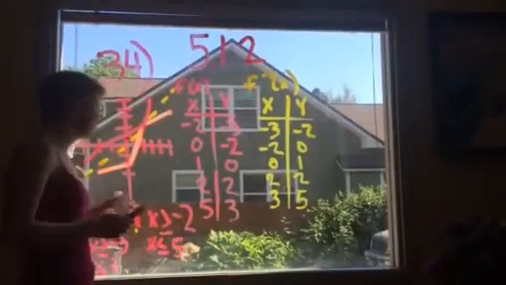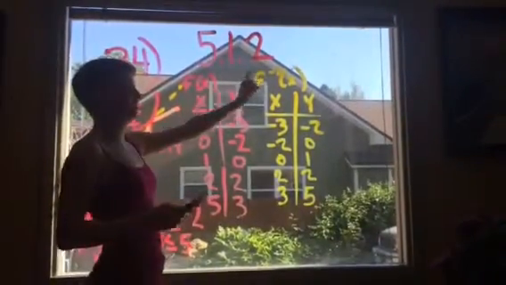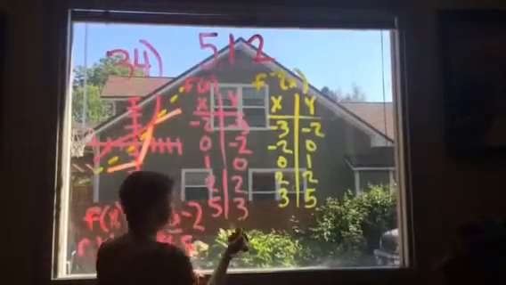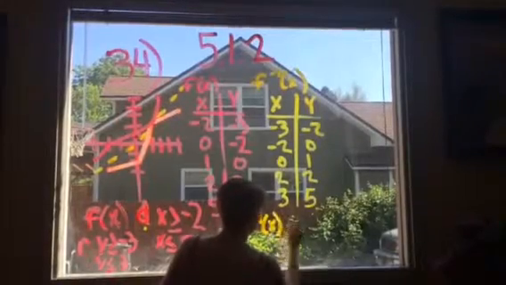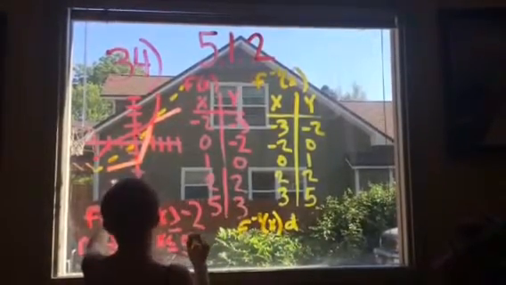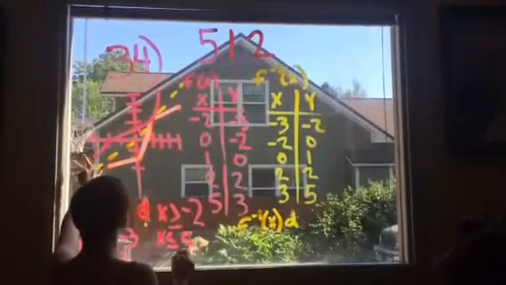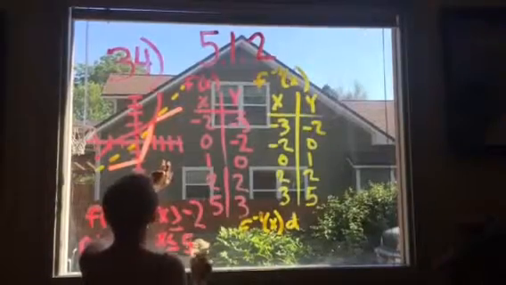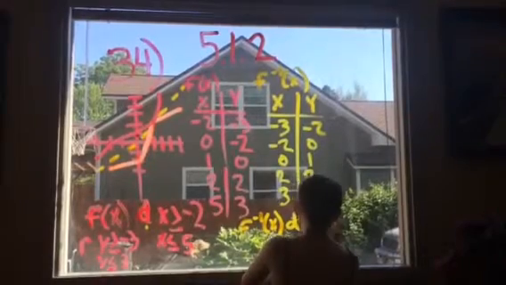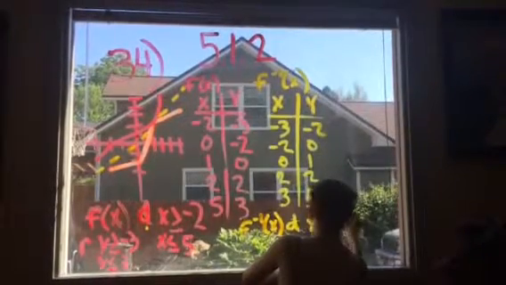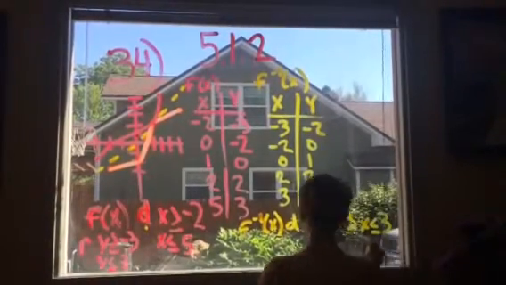So now we have to find the domain and range for the new function f to the -1 of x. So the domain for f -1 of x would be x has to be greater than or equal to -3 and x also has to be less than or equal to +3.